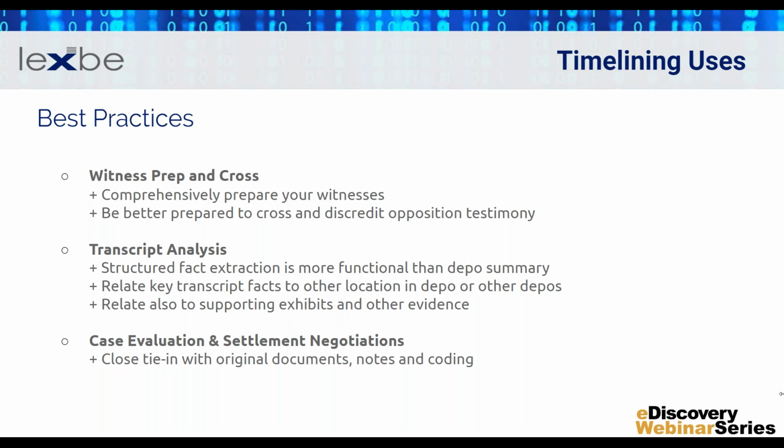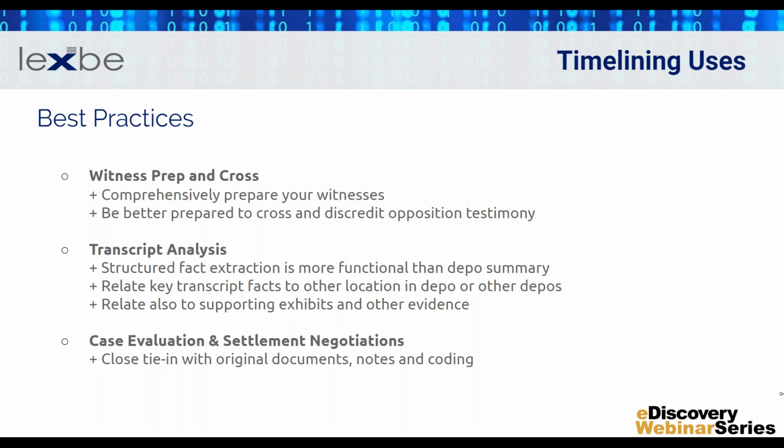Even if you're working in an e-tran where you can click and hop around to different pages, you're not getting the same benefit as by using a timelining feature in an e-discovery software program, because by structuring the facts out of said deposition, you can then filter or even group together to view issues that could be addressed in different parts of a deposition and even in more than one deposition. So you can even compare and contrast multiple depo transcripts in a timeline.